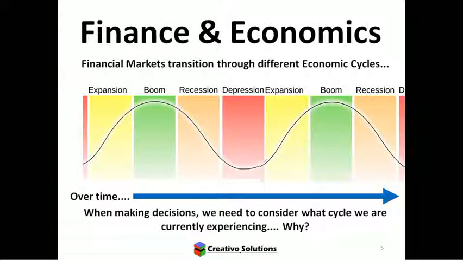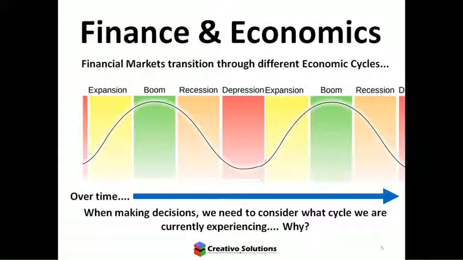Well, we know that businesses are going to be making decisions based on what's happening in the market. So if we're looking at these cycles, how would it affect the decision making? Well, if we're considering a company that's operating in a good economic cycle, then we would expect that sort of company to maybe take on more risk.